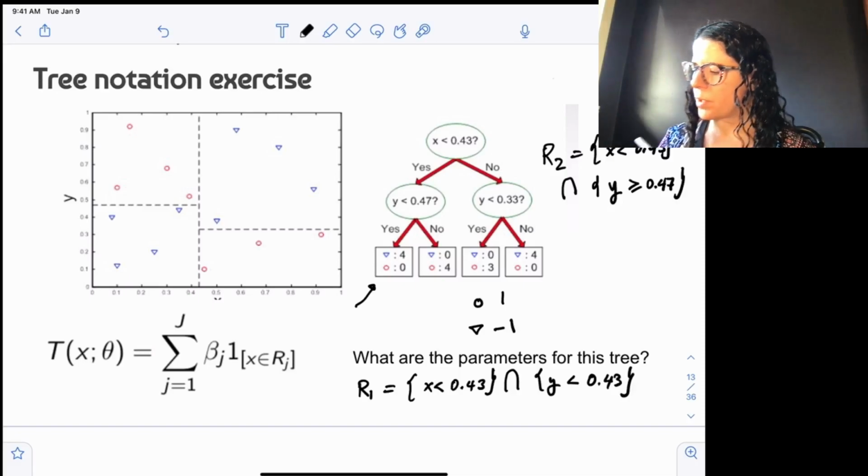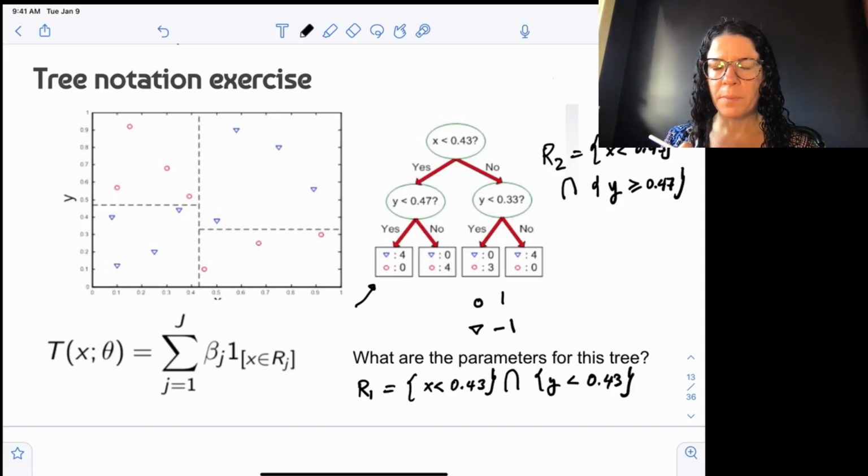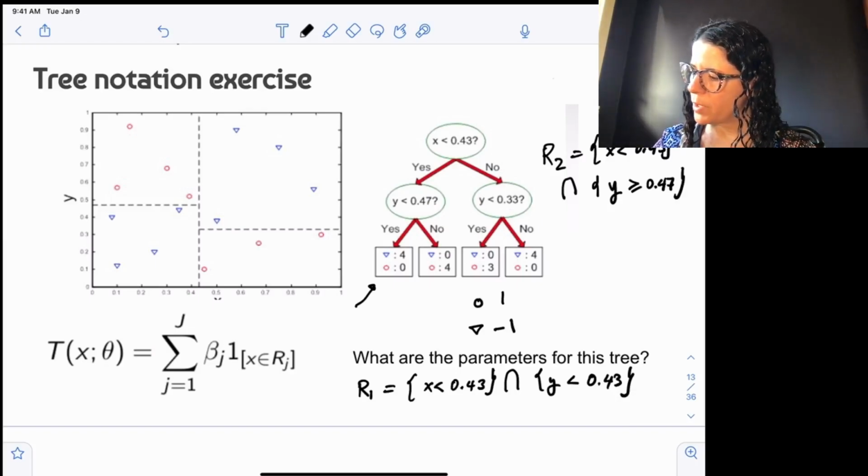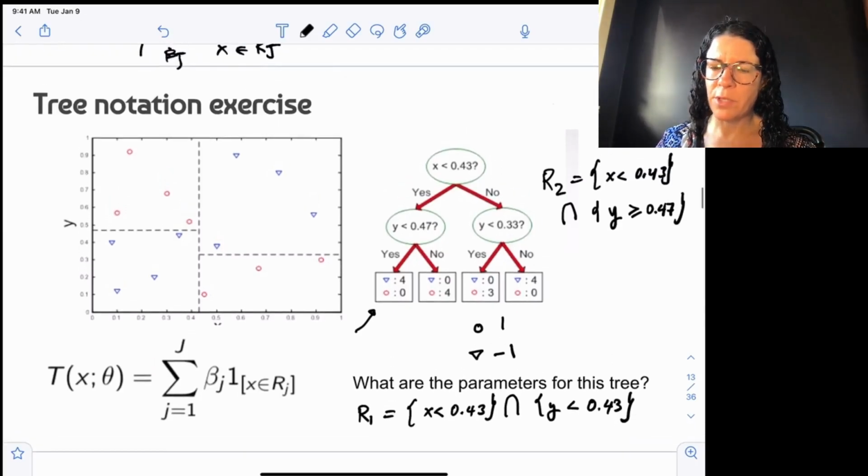So the question is, what is beta_1 here? Then we have our second region. What is beta_2, and so on? What is R_3? What is beta_3? What is R_4? What is beta_4? That's something I want you to stop the video and think about.